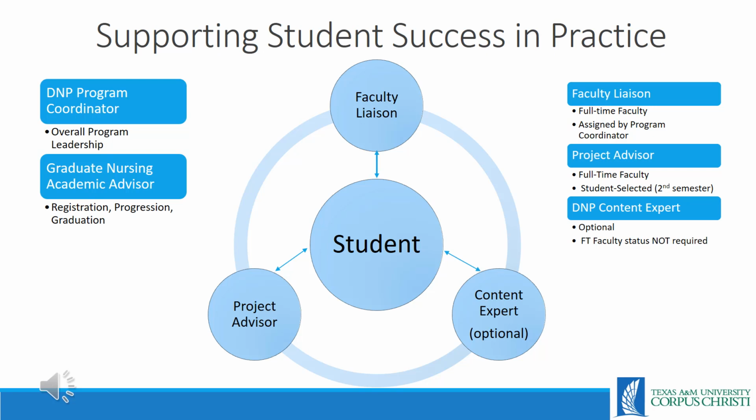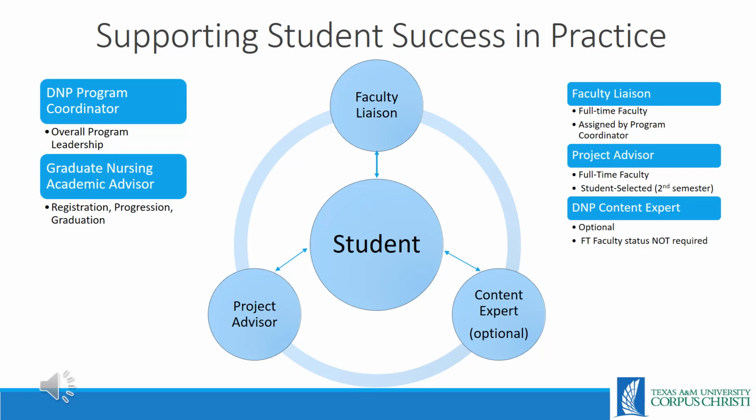This individual is responsible for the design, implementation, and evaluation of the DNP program, including curriculum, practice oversight, and compliance with national accreditation and certification standards. The DNP Program Coordinator is responsible for administering the policies related to the DNP program and supporting students as they progress through the program.